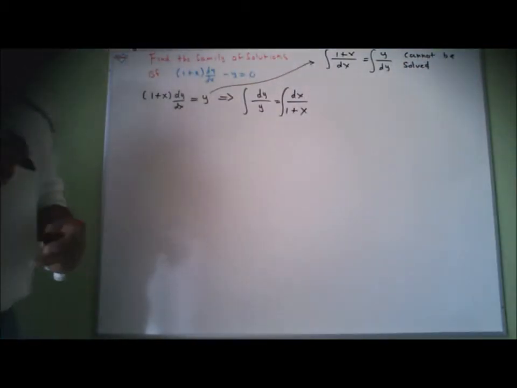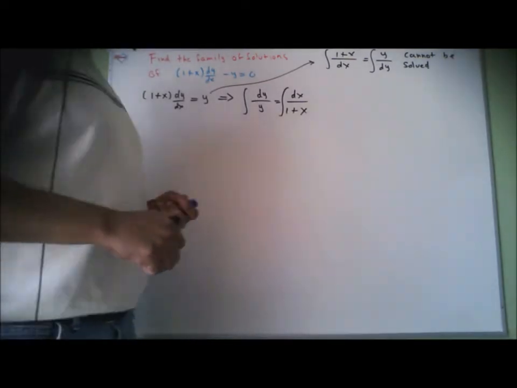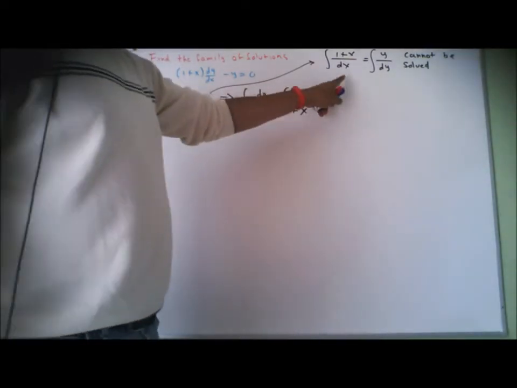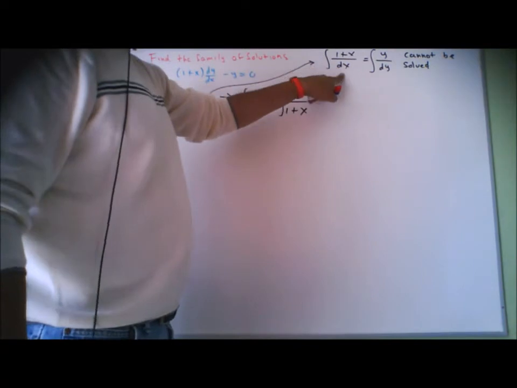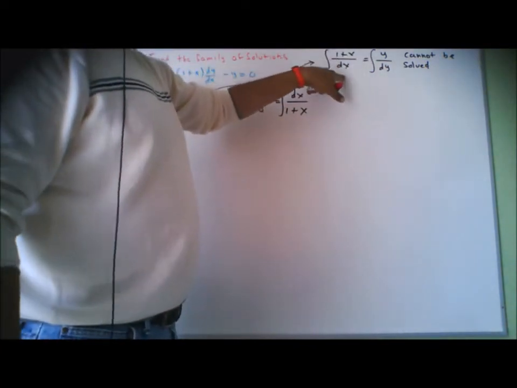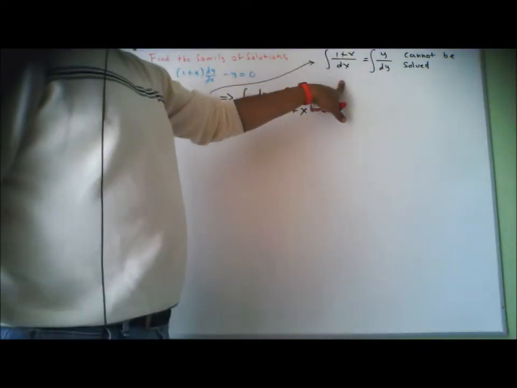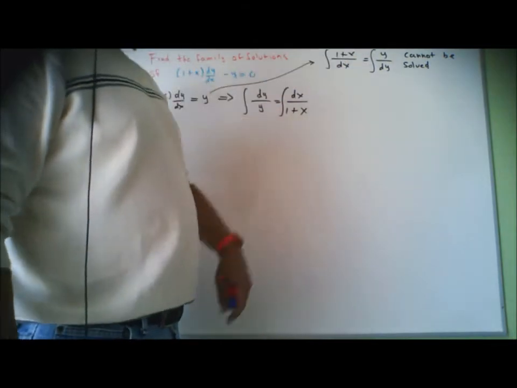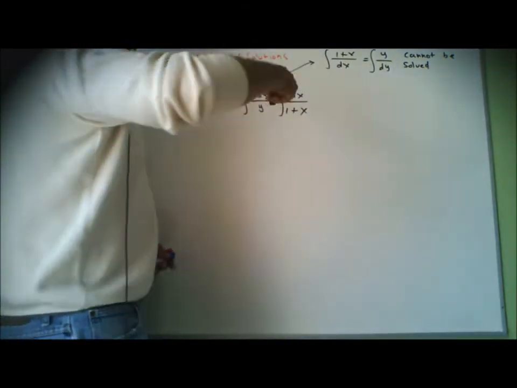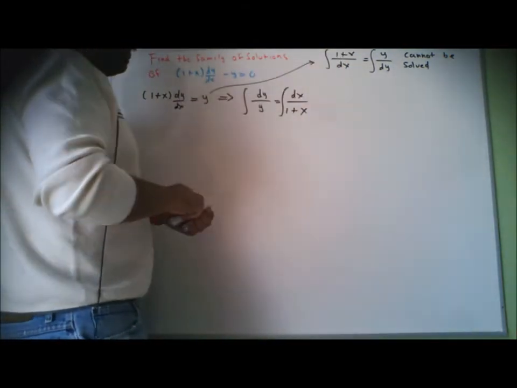The reason is that there are no formulas in the integral tables where the differential is in the denominator. The differentials are always in the numerator. So even though it is a variable separable differential equation, from here this is wrong.